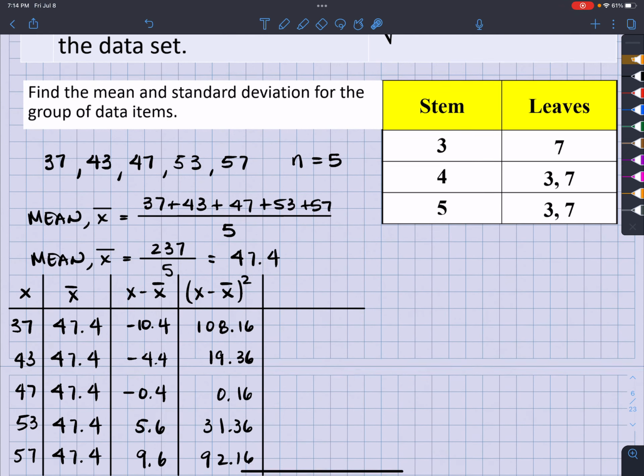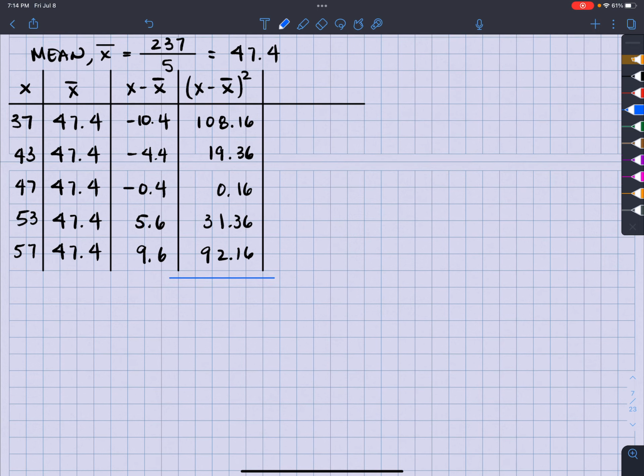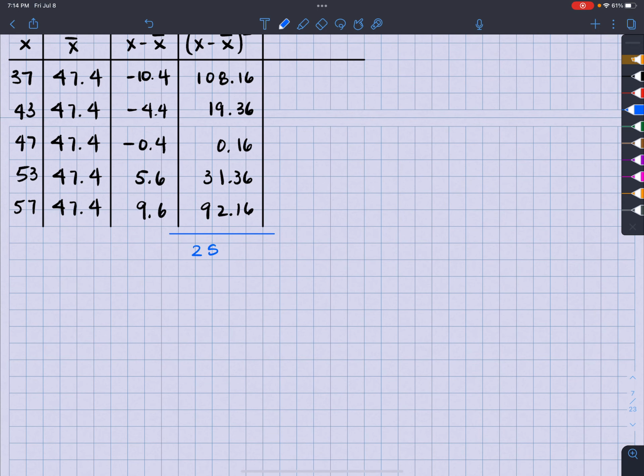So I'm going to put a line underneath and add all of these together: 108.16 plus 19.36 plus 0.16 plus 31.36 plus 92.16, and I get 251.2.